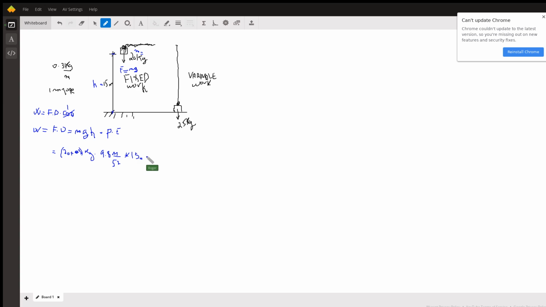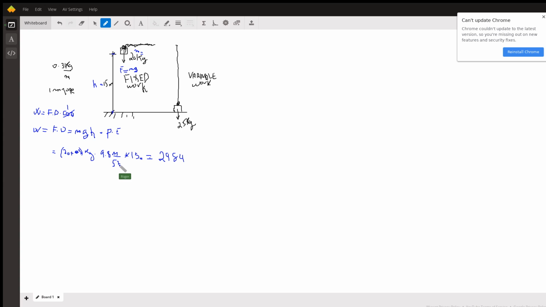So if you calculate this, you're going to get 20.3 times 9.8 times 15. So your total work is 2984. What unit?